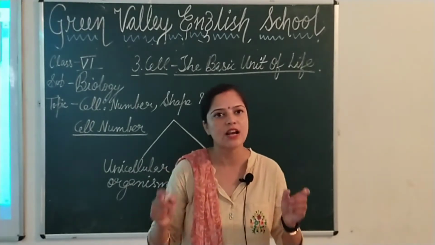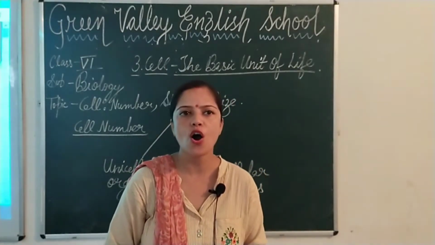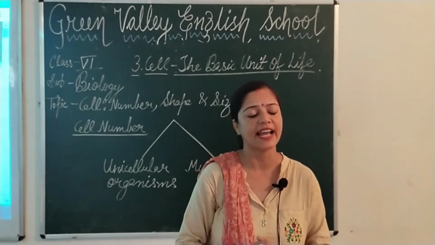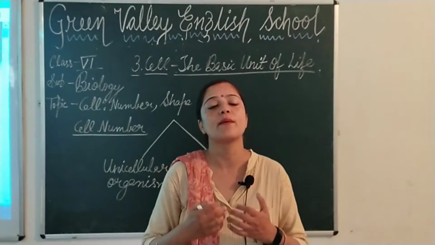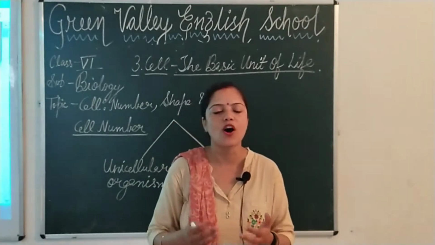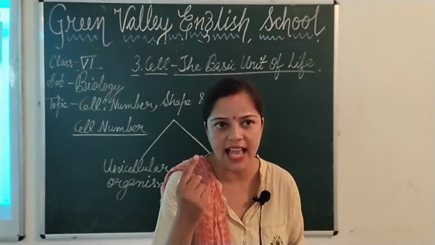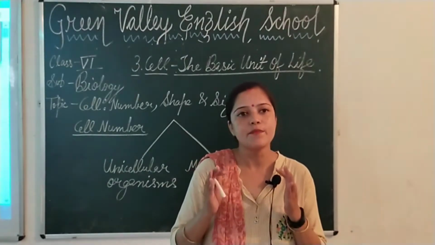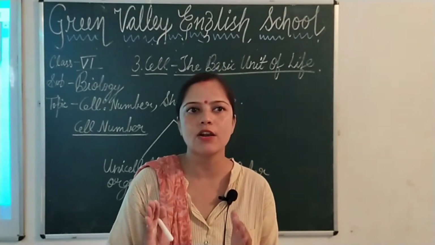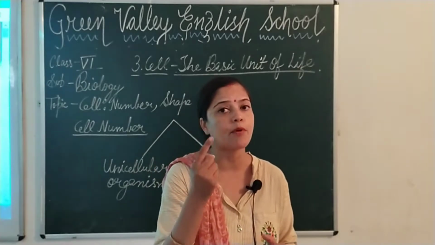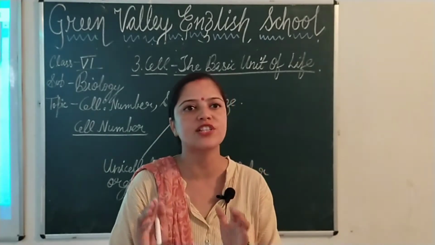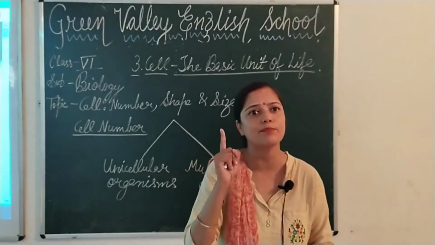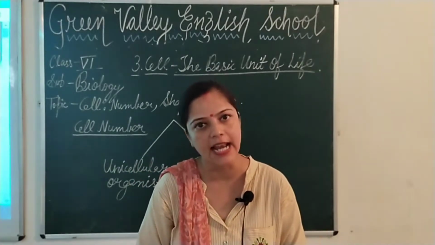In a unicellular organism, all the basic functions like respiration, excretion and reproduction are performed by a single cell. What does it mean? It means that unicellular organisms are made up of one cell, and all the basic functions are performed by that particular single cell.